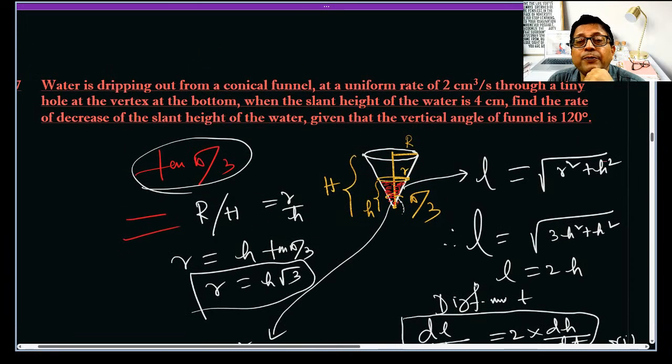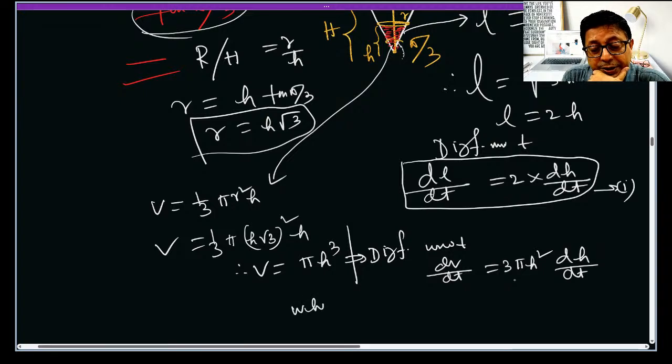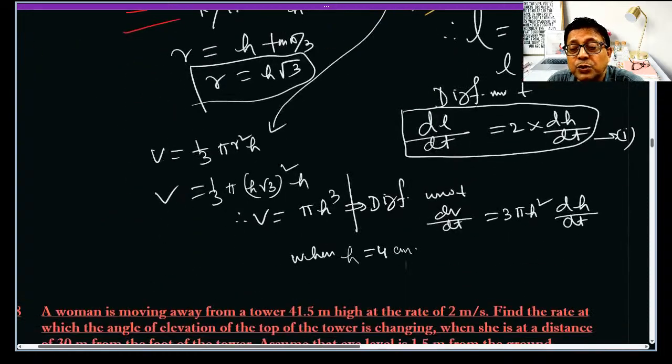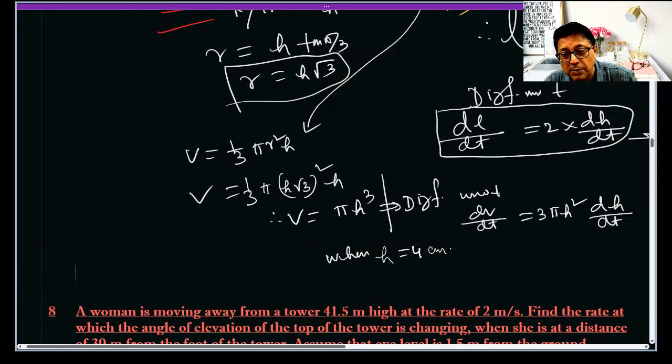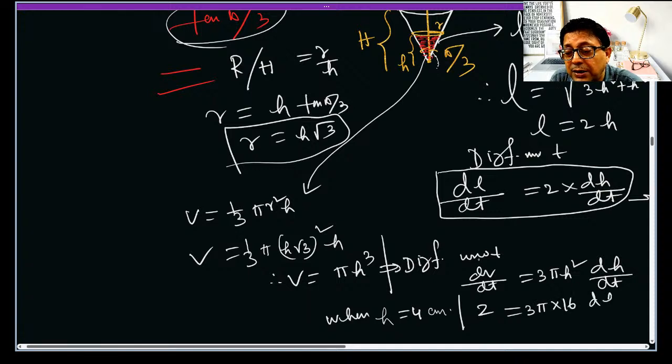So by using the given information here, when height of water is 4 centimeter, we can find dh by dt. So when h equal to 4 centimeter, it is given height of water is 4 centimeter, no? And dv by dt is 2 centimeter cube per second. Use this also. Put h equal to 4, dv by dt 2, 3 pi into 16 dh by dt.